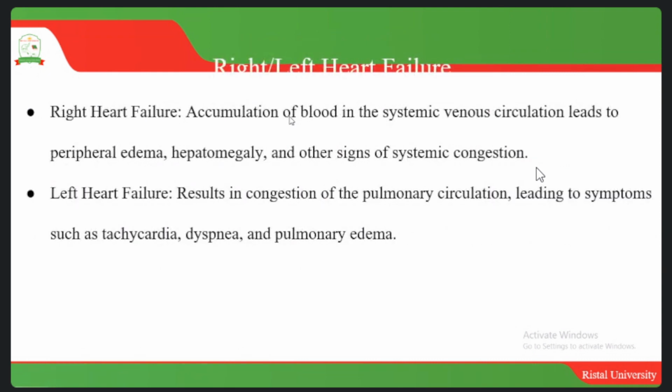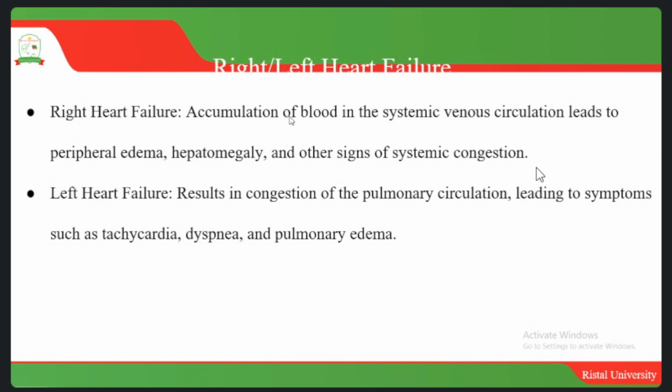So right heart failure: accumulation of blood in the systemic venous circulation leads to peripheral edema. It also leads to hepatomegaly and other signs of systemic congestion. This means the liver will be affected. The other parts of the body will be affected, like edema in the peripheries, maybe on the limbs.